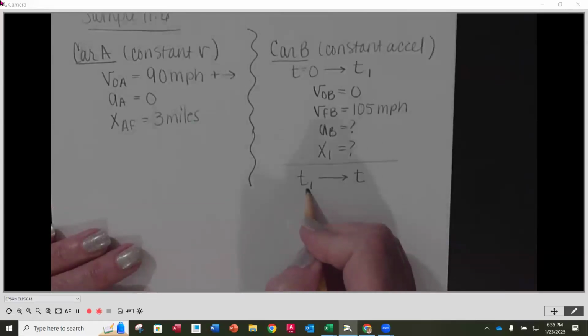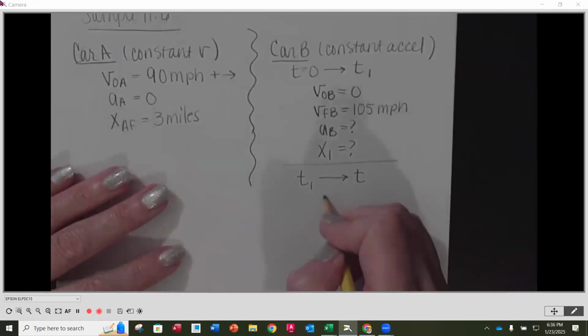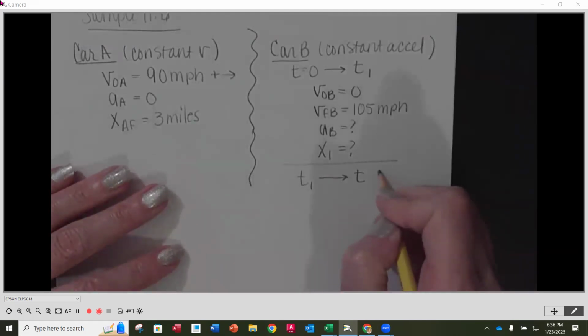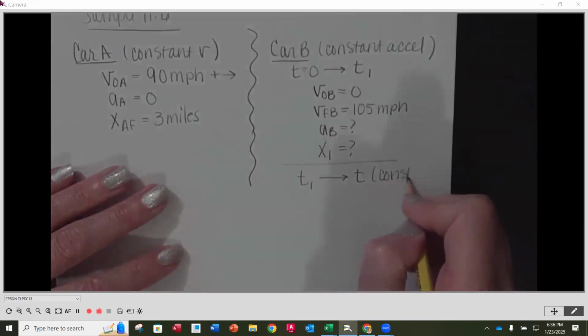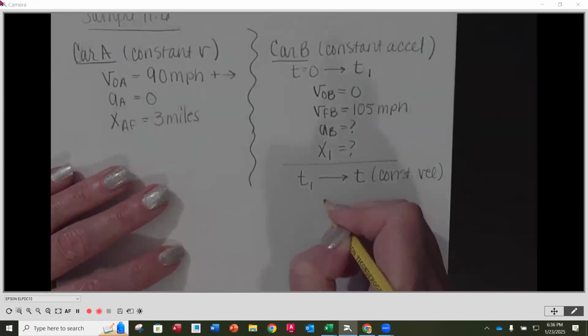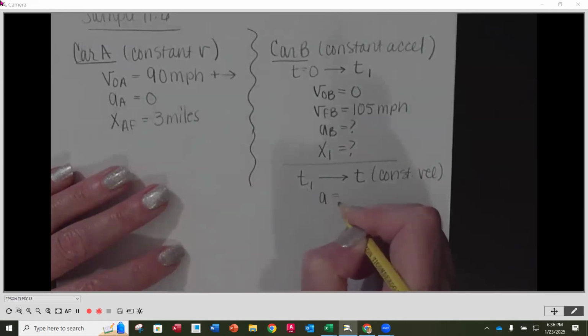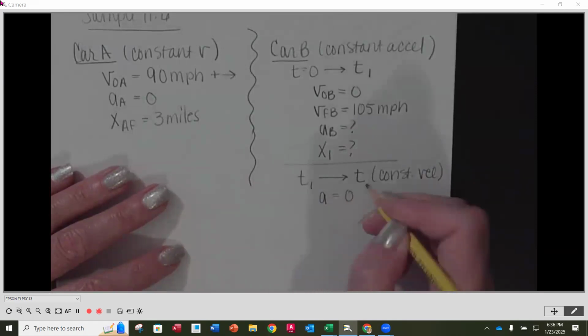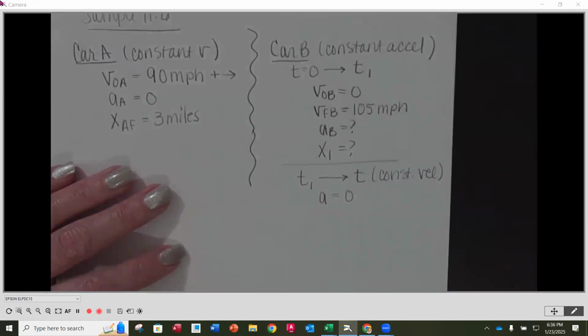From when the police car stops accelerating, the police car is going to have constant velocity. What that means is during this time frame, the acceleration of that police car is equal to 0.